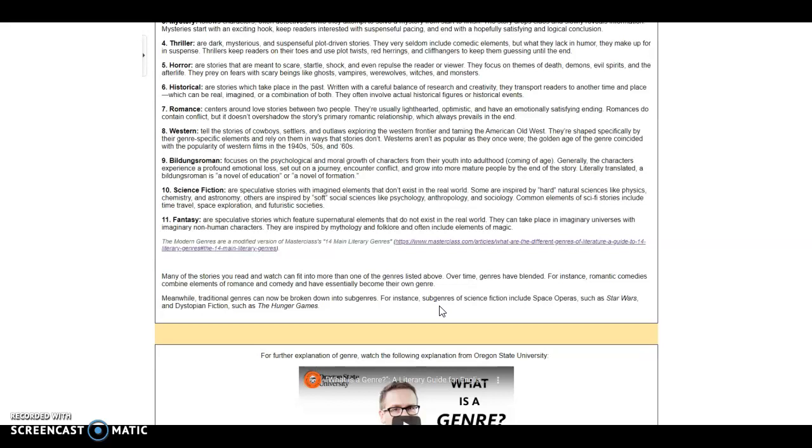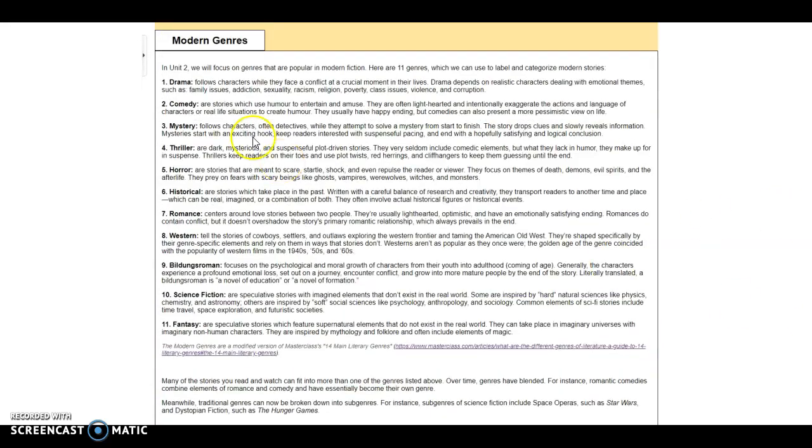We have so many different stories that now we can really have a very wide and broad look at different types of genres. But this is 11 classic genres that you can still see in modern stories today, and I'd like you to be aware of these 11.